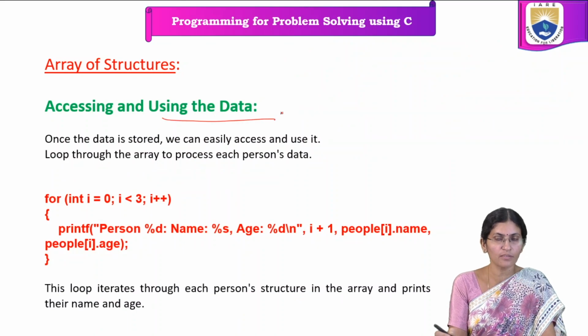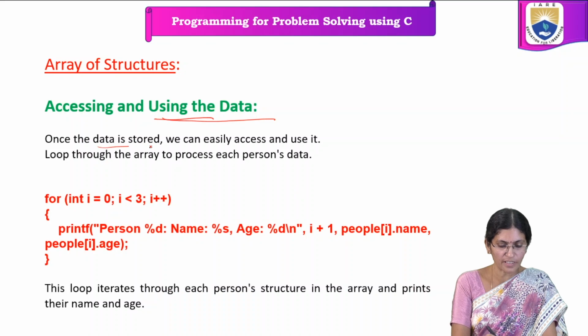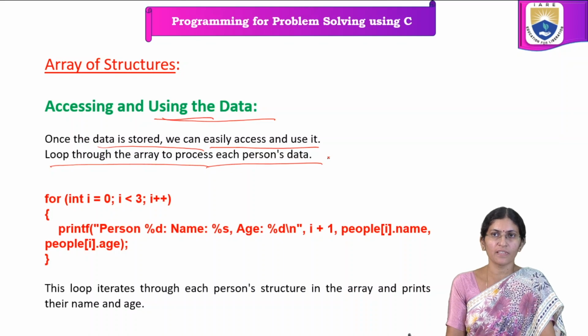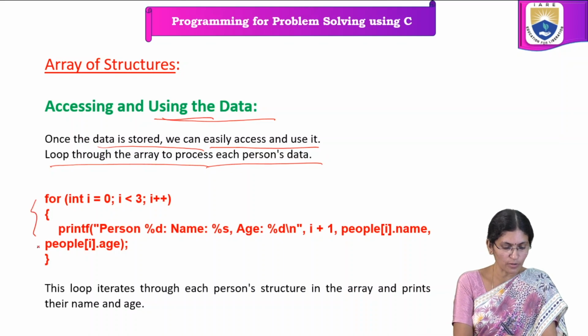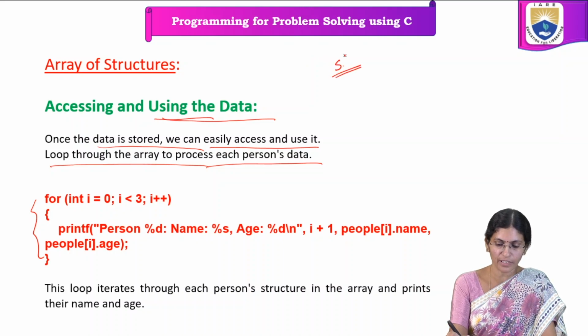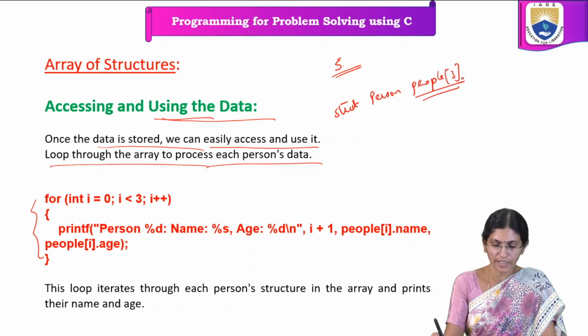Next, in order to use the data and display the information on the screen, we can use the for loop. Once the data is stored, we can easily access it and use it. So we loop through the array to process each person's data. Because we have an array of 3 structures, struct person people, the size of the array is 3.